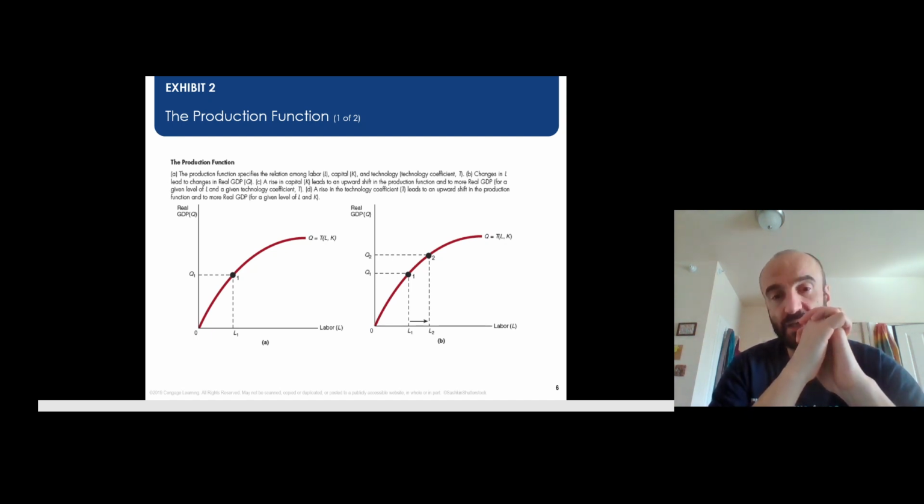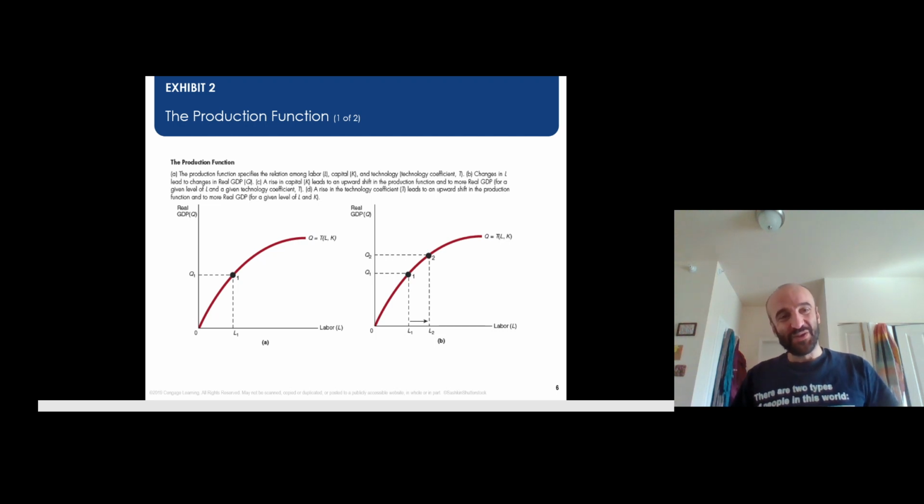And why is that the case? Why is there the logic of diminishing returns? That's a very interesting and simple question. And the answer is that there is an optimal quantity of any variable factor that could be added to the production mix. Production mix is the quantity of labor, quantity of capital, and technology.